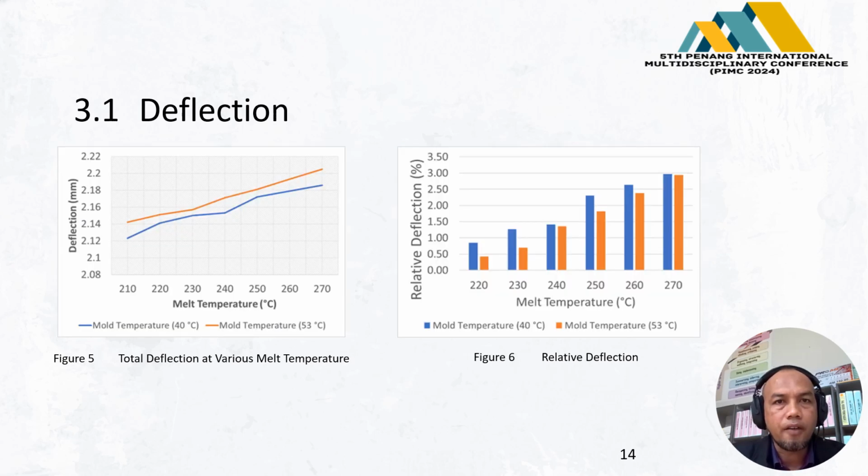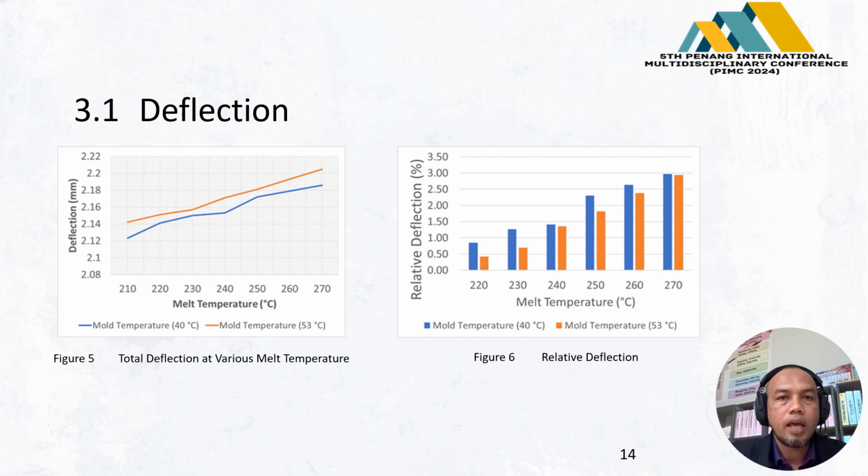Next, Figure 5 shows the deflection profile across various melt temperatures from 210 degrees Celsius to 270 degrees Celsius. It compares two different mold temperatures, a blue line for 40 degrees Celsius and a red line for 53 degrees Celsius.